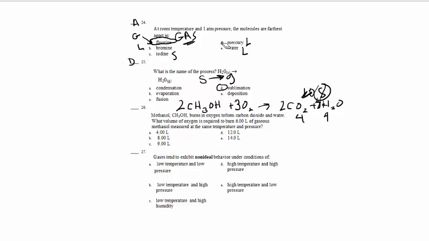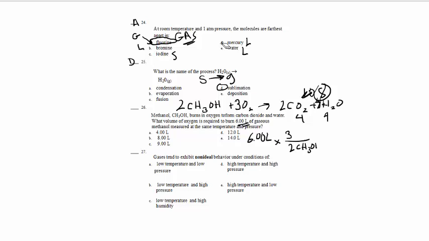Okay, so it turns out that the amount of oxygen, the volume required, would be a 3:2 ratio. So assuming that the amount of liters of oxygen, I guess we could convert that to moles, but it doesn't give us any information about temperature and pressure. So the best we can do here is just say that if we start out with 6 liters of methanol, no doubt it's going to react on a 2:3 ratio.